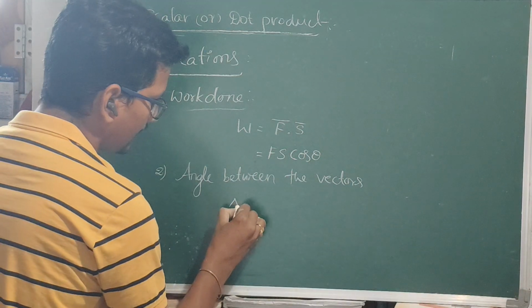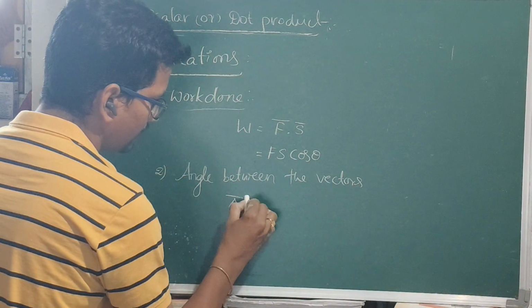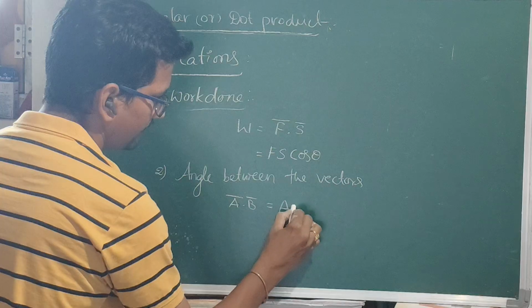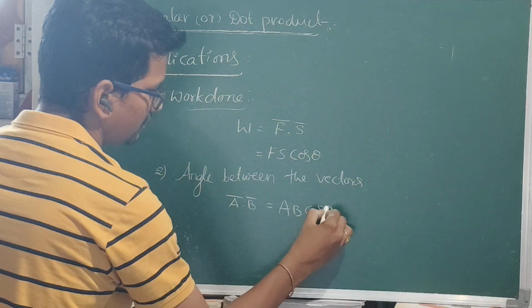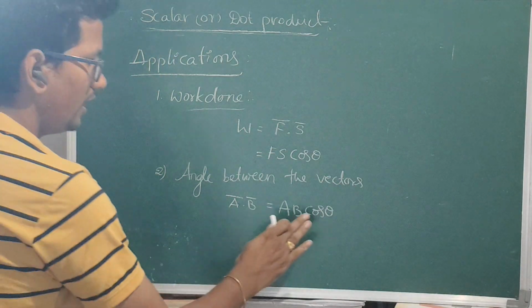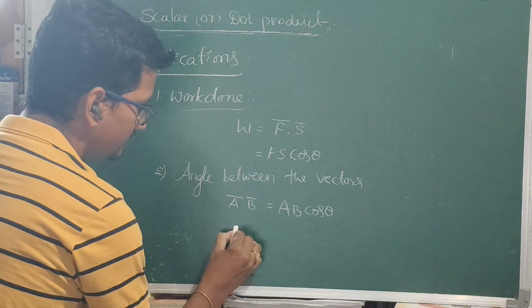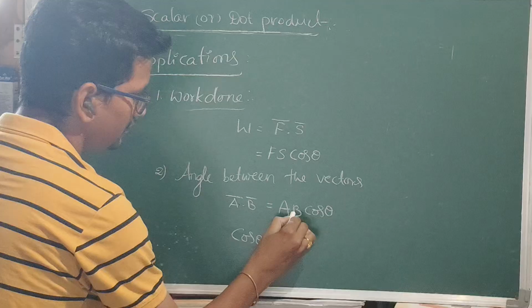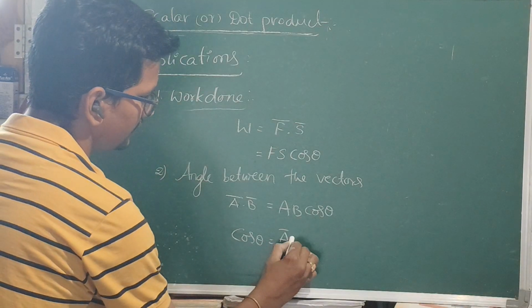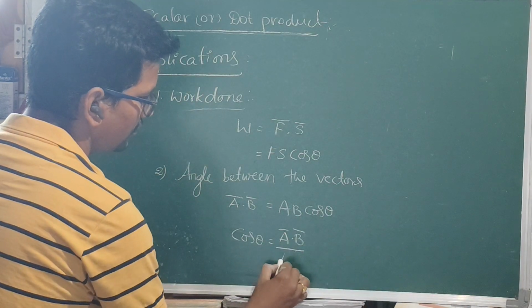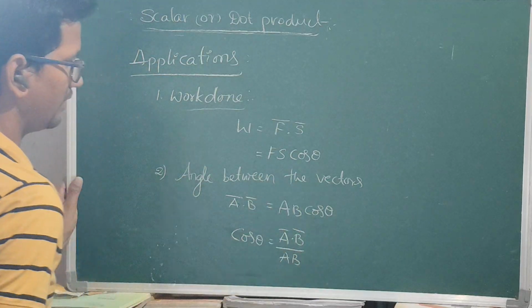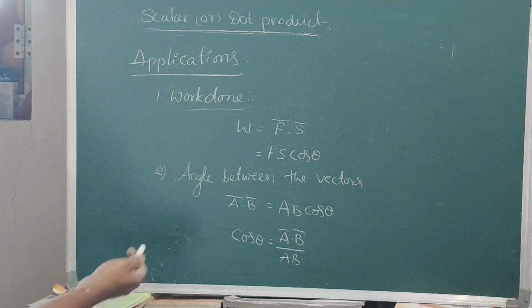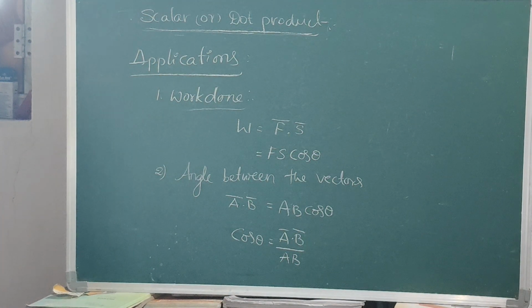See, A bar dot B bar is equal to AB cos theta. If you want to find the angle, we take AB to the right-hand side. That is easy to find here: cos theta is equal to A bar dot B bar by AB.